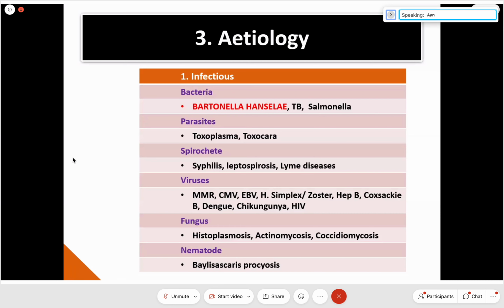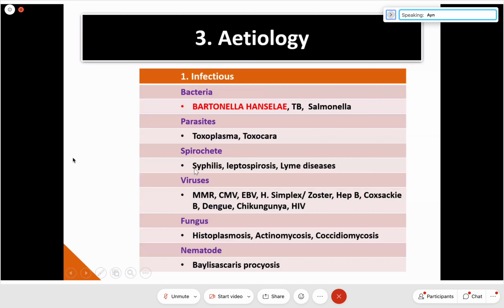Okay, these are the list of etiology of neuroretinitis. It's slightly different from the optic neuritis just now because the pathophysiology also different. So in neuroretinitis, we can divide the etiology into infectious, inflammatory, and idiopathic. So for infectious, any organism can cause neuroretinitis actually. Any group can be the etiology of this neuroretinitis.